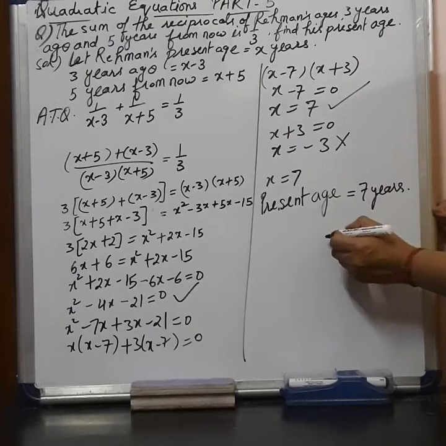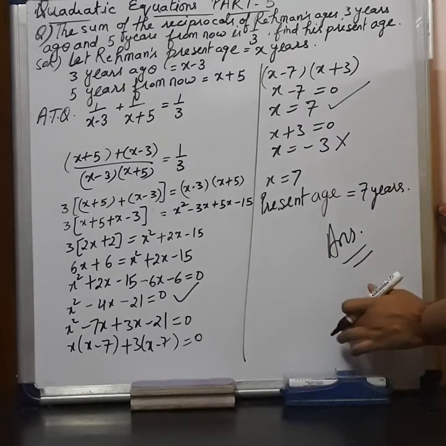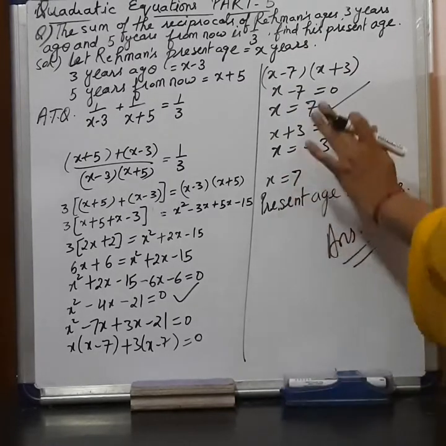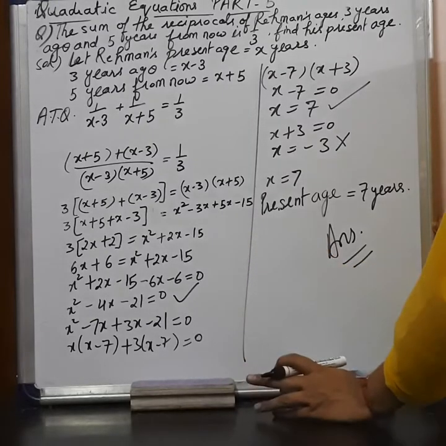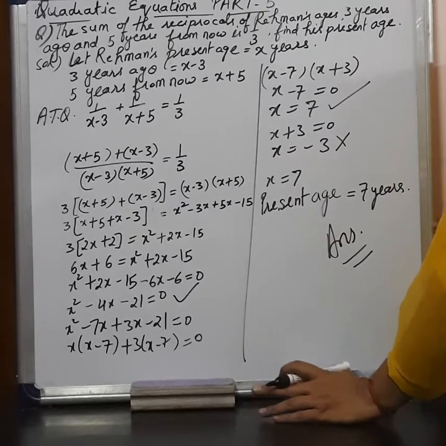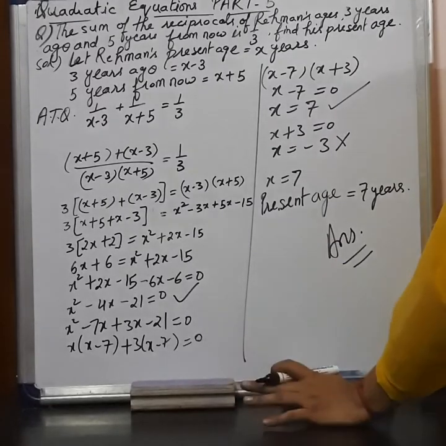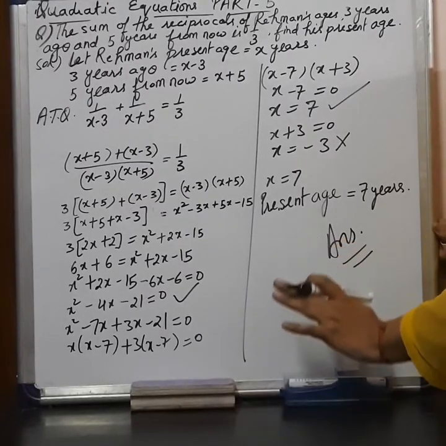So this is the solution for this question. Here it is not compulsory in any problem that you apply the quadratic formula to find the roots. Here we have applied the factorization method, or you can apply the quadratic formula also to find out the roots. Thank you.